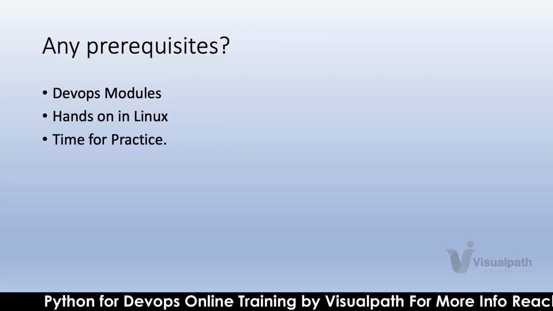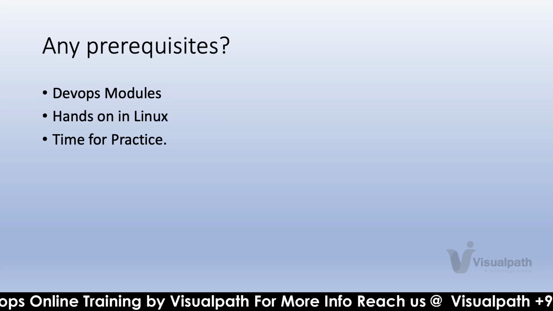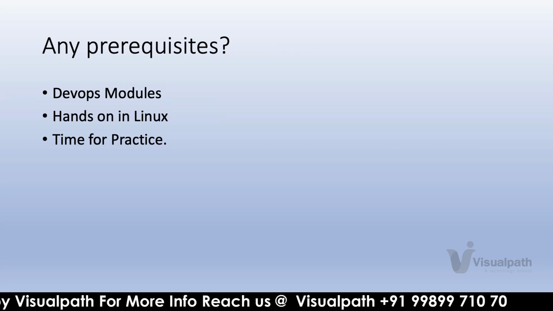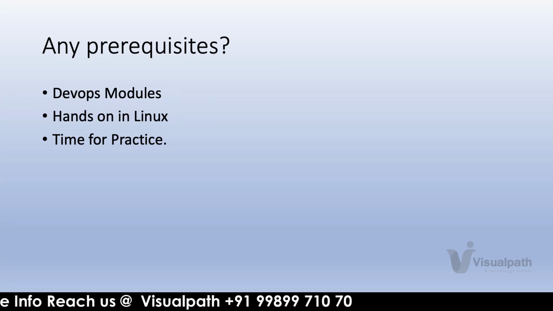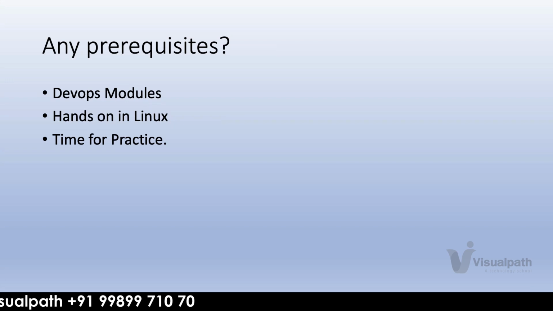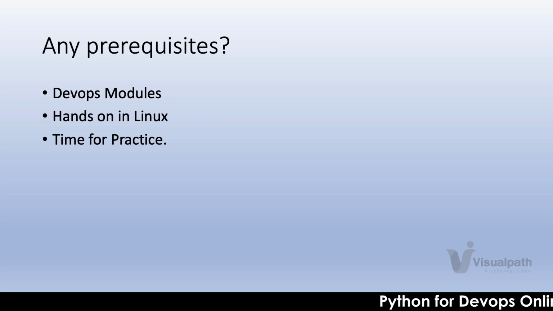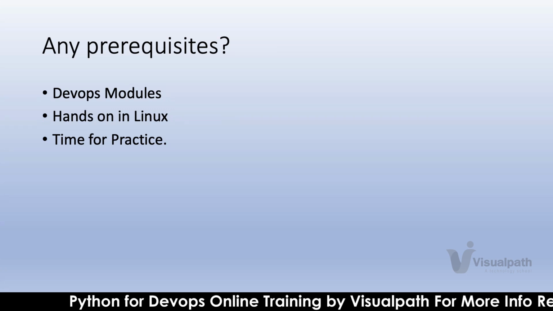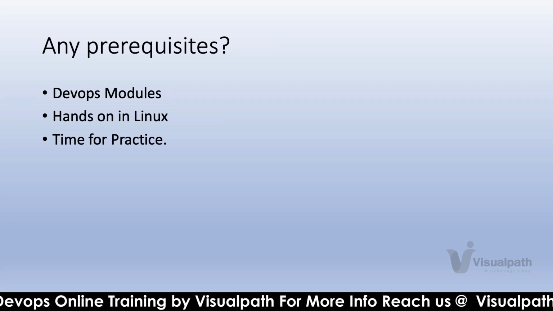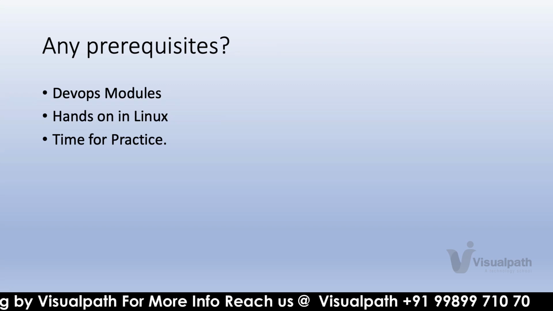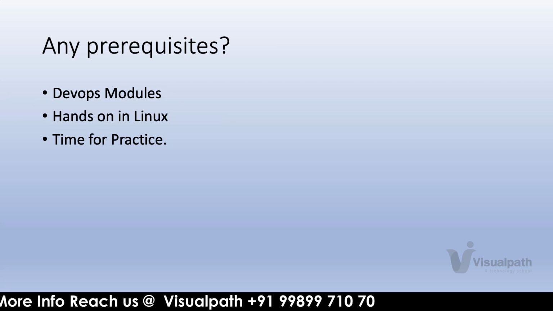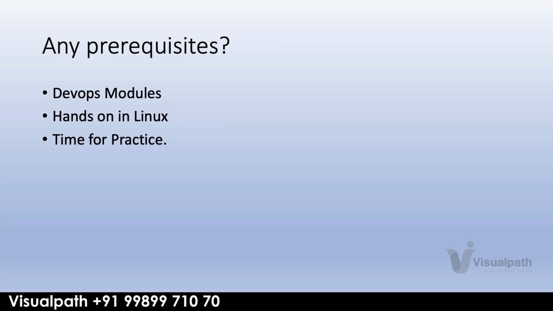As we are using many DevOps modules in this course, I would expect you to have some awareness of the modules, what they are doing, or at least try to explore those modules' internal functionalities and how they work. As we are writing automation on top of DevOps tools, we are not writing anything internal to a tool. When I say on top, it means we should know what the DevOps tool is doing.